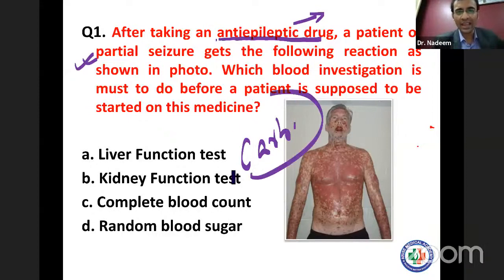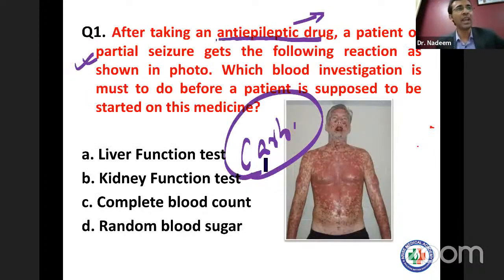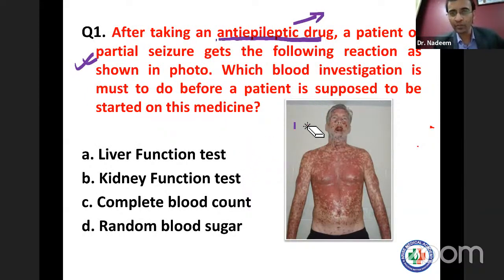So now I can make one diagnosis here: my patient must have used this anti-epileptic drug, which is known as carbamazepine. I hope now you have an idea that the drug your patient has used was carbamazepine.